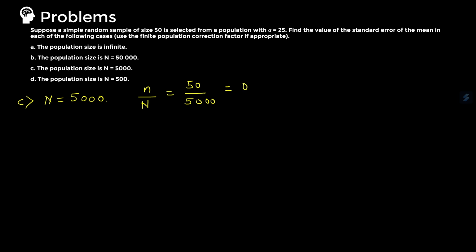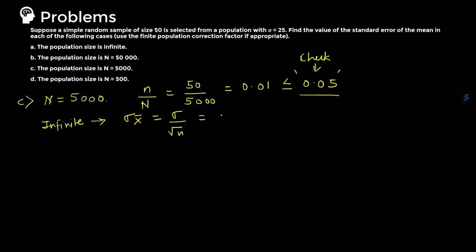This comes around 0.01, which is again less than or equal to 0.05. This is our population correction factor check, which we use in order to identify whether the population is finite or infinite. So we have passed the check. Again, the population is said to be infinite. So when it is infinite, we will calculate the standard error, and in this case the standard error will be the same.